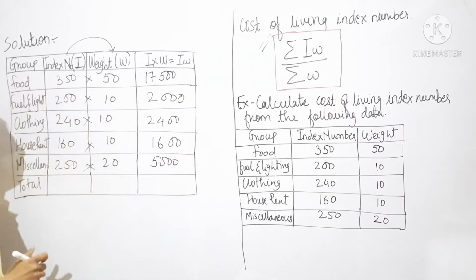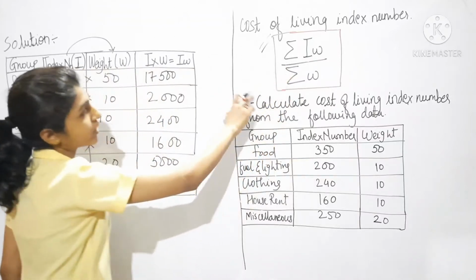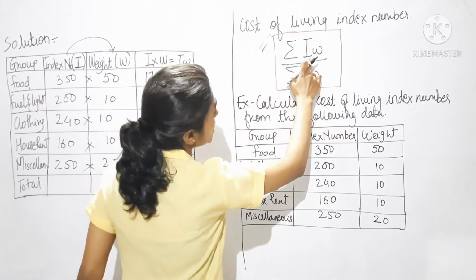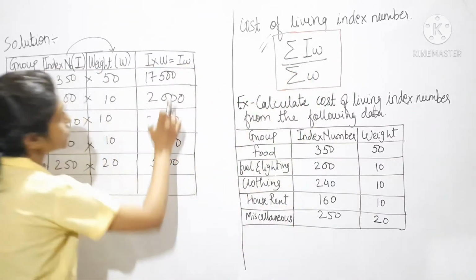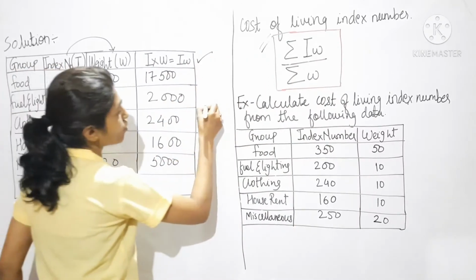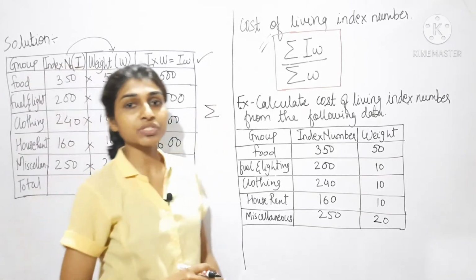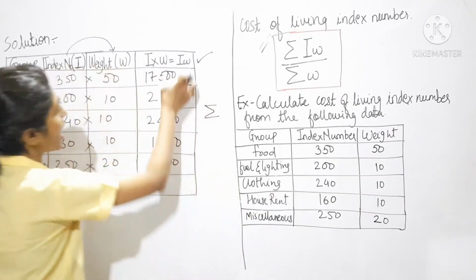Now add. As per the formula, what we want is sigma or summation IW. We have got the values of IW. This sigma is also known as summation. Summation means the total of IW.